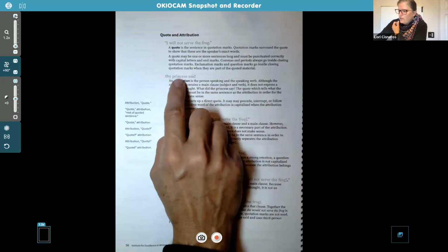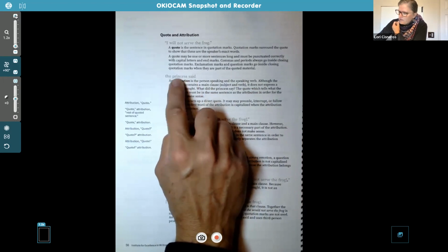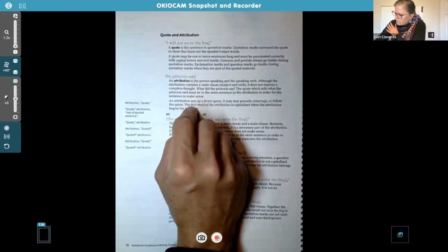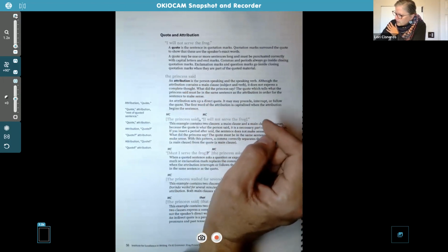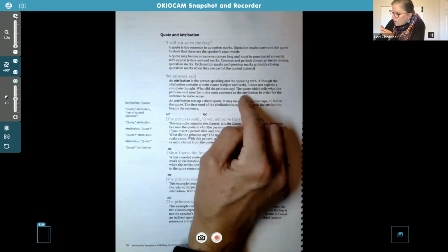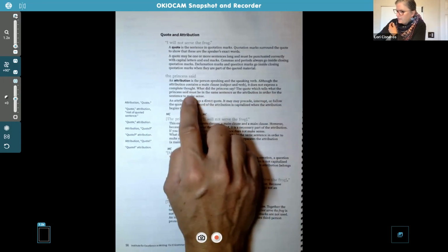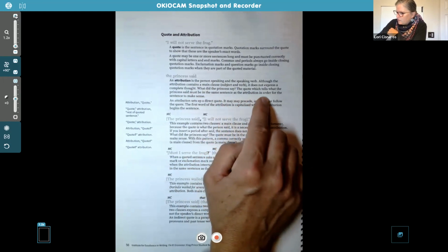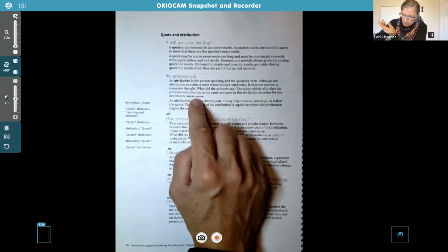So even though the princess said has the subject princess and the verb said, it's still not a complete thought. What did the princess say? The quote, which tells what the princess said, must be in the same sentence as the attribution in order for the sentence to make sense.